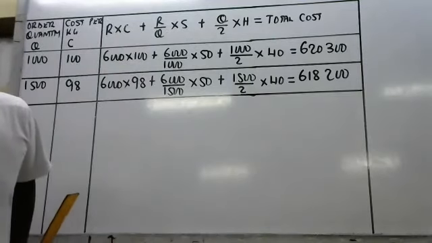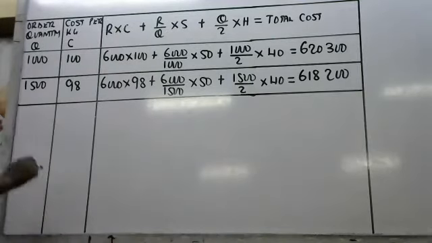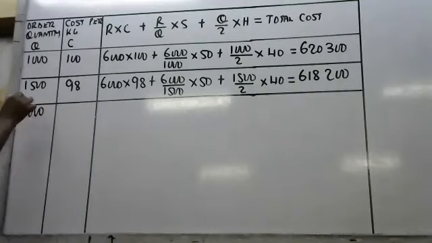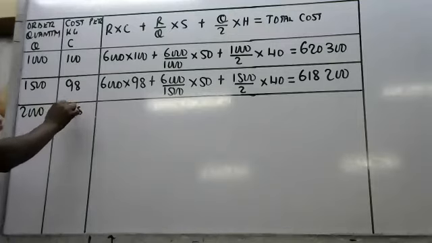The next level is 2,000 at a price of 96.5.